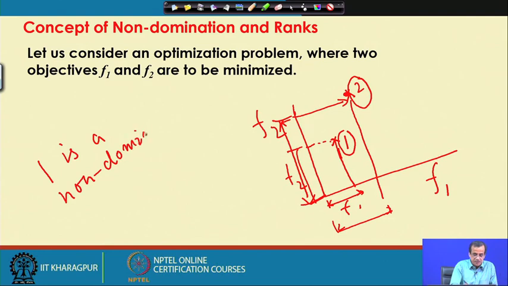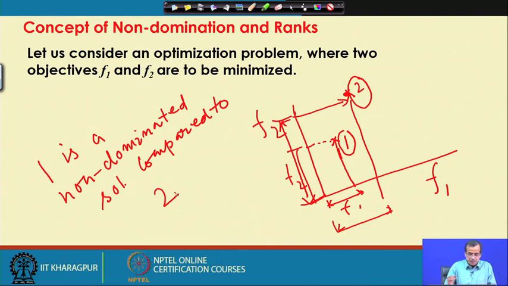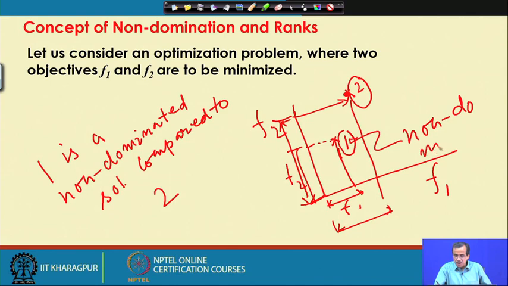non-dominated solution compared to solution 2. So, solution 1 is a better solution compared to solution 2, and this one is nothing but a non-dominated solution, which cannot be dominated.